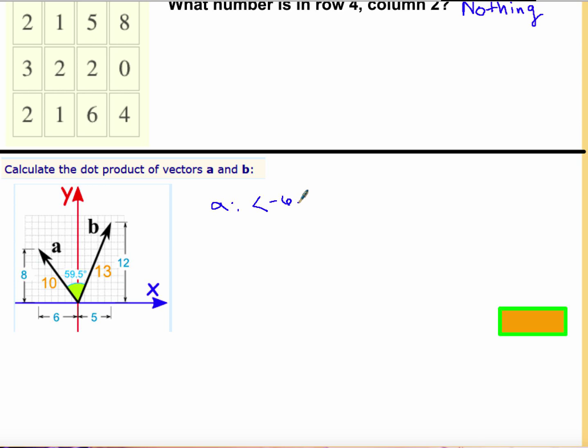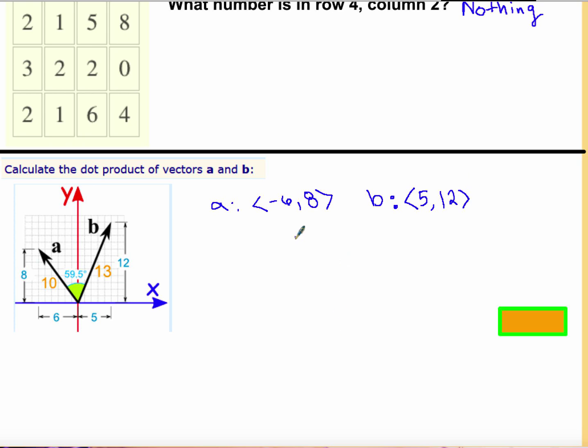And then my vertical component, so I'm going up 8. And vector B is a little different. This one, my horizontal component is 5. It's going in the positive direction, so that's going to be a positive 5. And its vertical component is 12, so that will be 12.